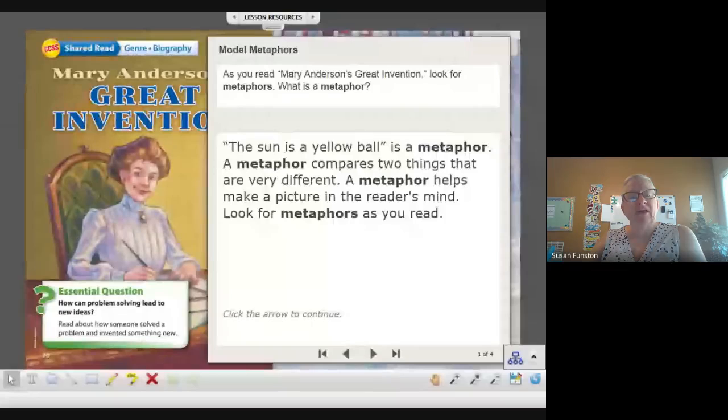So remember, a metaphor compares two things that are very different. The sun is a yellow ball. Is the sun actually a yellow ball? No, this is a metaphor comparing the sun to a yellow ball. Because sometimes when you look at the sun, does it look like a yellow ball? Yes, it does. So this is a metaphor.